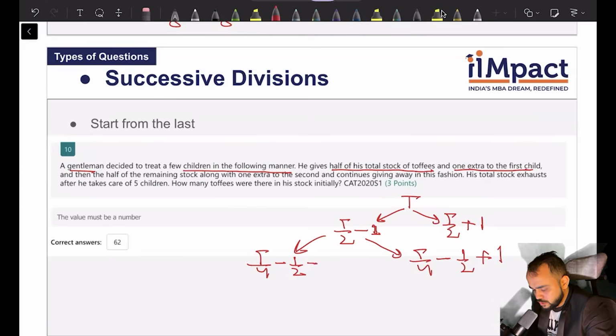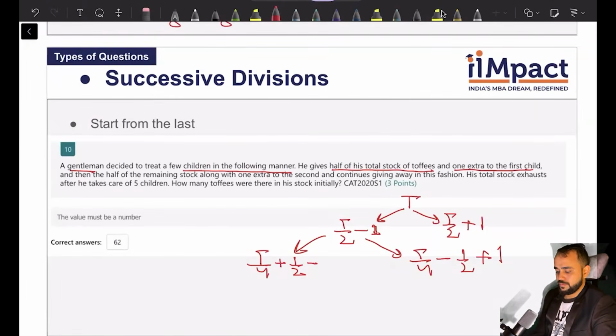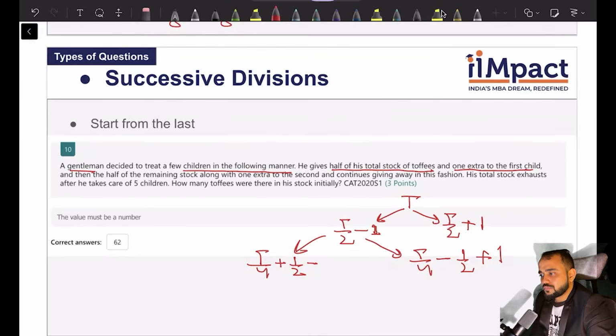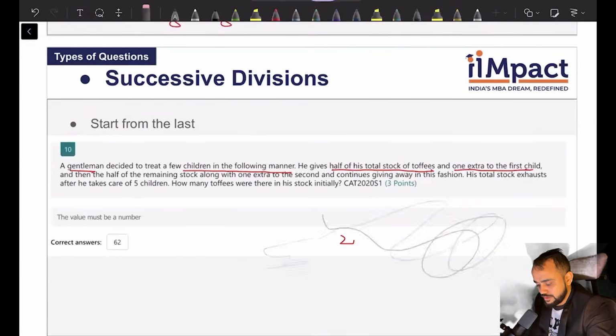Something else also will remain, t by 4, actually plus 1 by 2. This is what will remain. Once more, if you do, you will get t by 8, then you will get t by 16. This is going to be unnecessarily complicated. So maybe let us see what we can do instead.